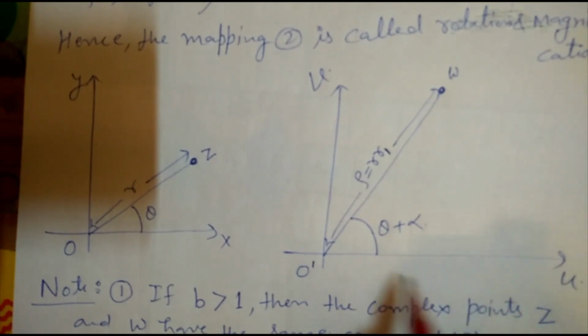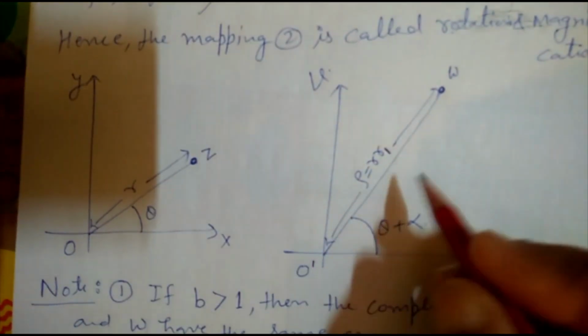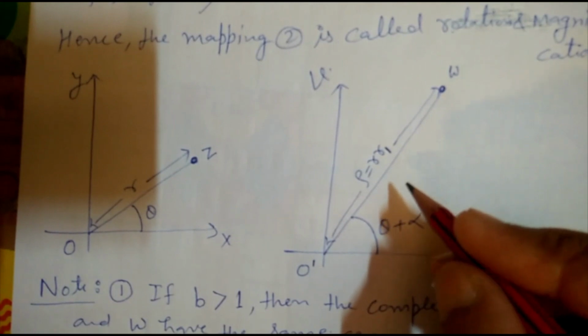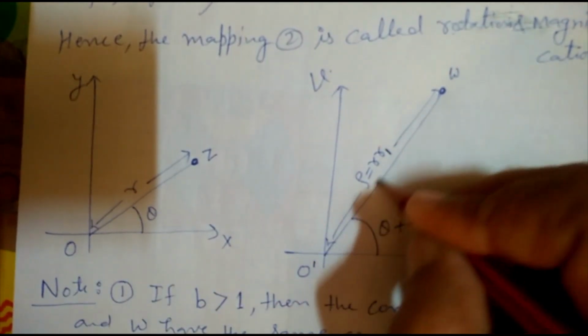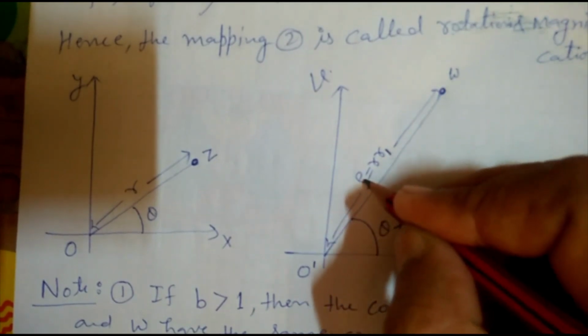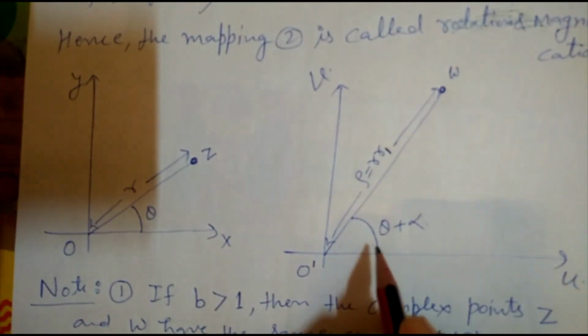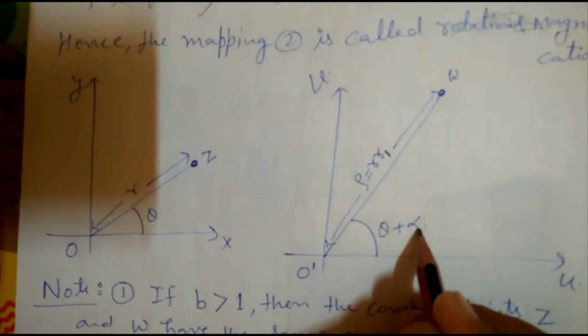In the W plane, the real axis is u and the imaginary axis is v, and this point is magnified to ρ = r1 times r, and the angle of rotation is alpha, so the angle is theta plus alpha.